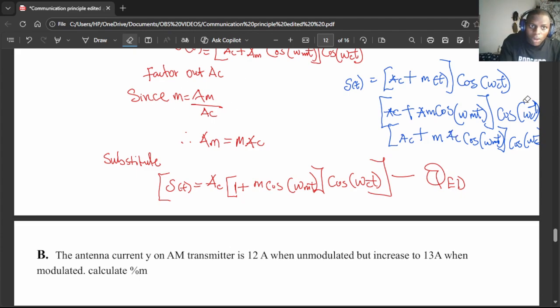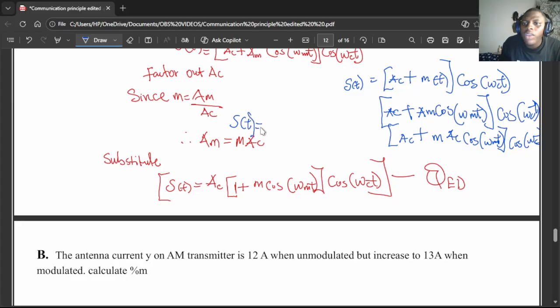Taking your common terms out, s of t is now equal to Ac, which is the one out, into 1 plus, what is left, m cos wm of t, cos wct.